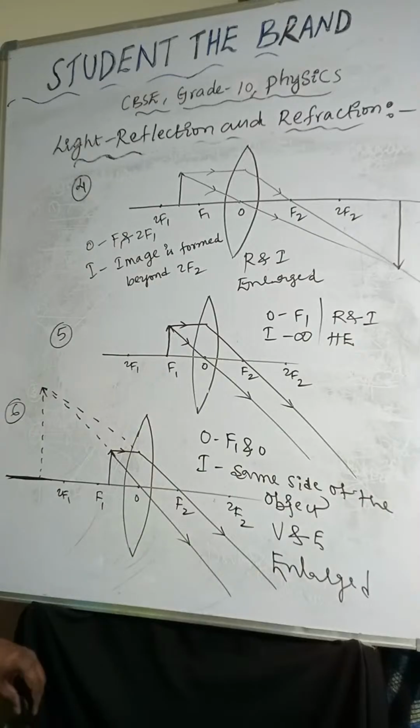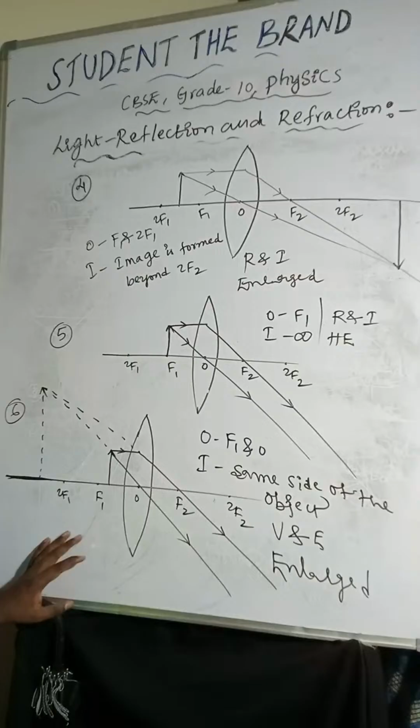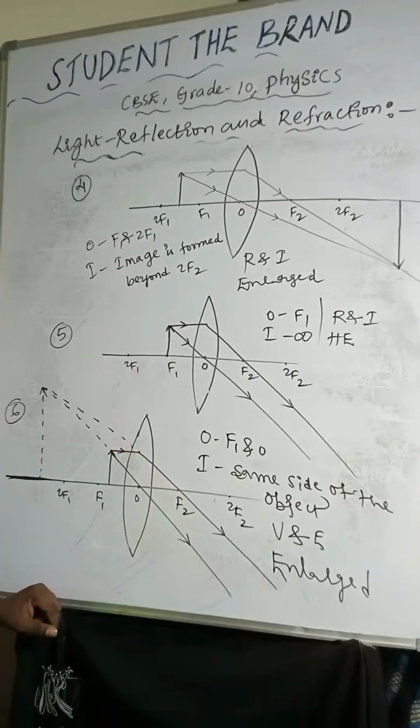In this case only we'll get a virtual, erect, and enlarged image. So very, very important. Make sure that you are practicing this case. So this is about the convex lens.